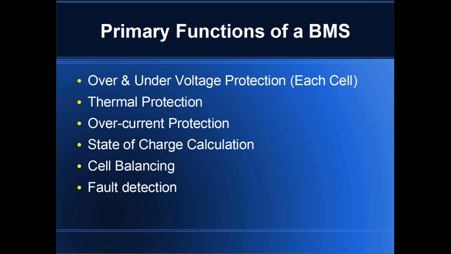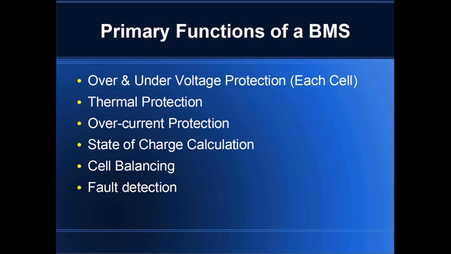And usually, because the battery management system has the information about the voltage of each individual cell and the currents going in and out of the battery pack, they're usually responsible for calculating the state of charge. Because they have all of that information, it's a more accurate way of determining the state of charge than just monitoring current going in or out externally, for example.